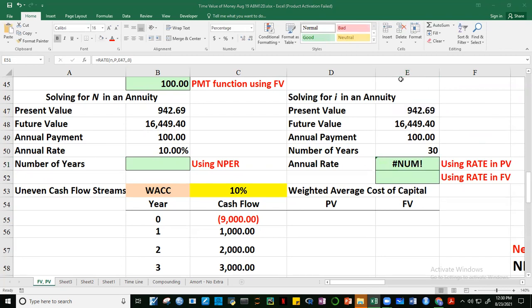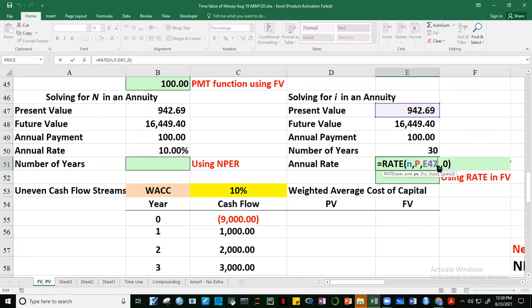Okay, if you press enter, now ang question, bakit nagkaka-error tayo? Why are we getting an error term? Okay, we are getting an error term because we violated... Okay, wait, dapat ito gawin natin PV. PV, yung present value. Yan. We get an error term because we violated yung principle ni Excel na sensitive sa direction ng cash flow.